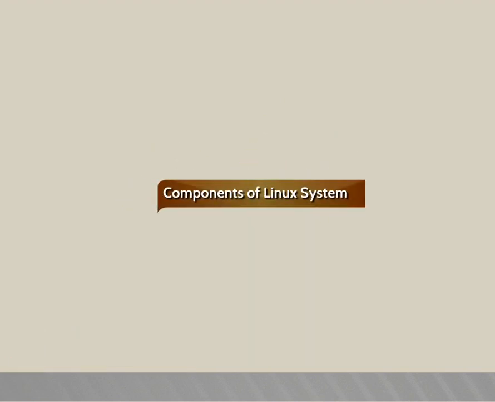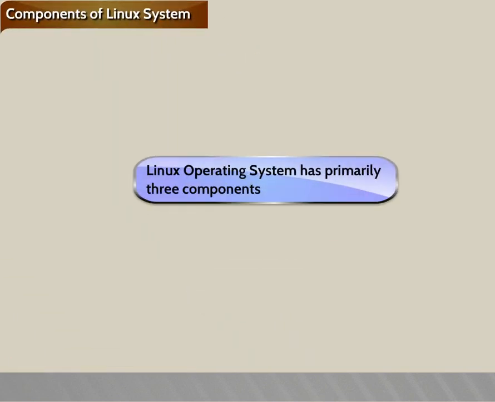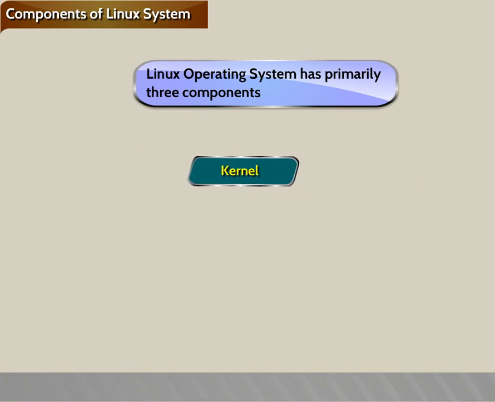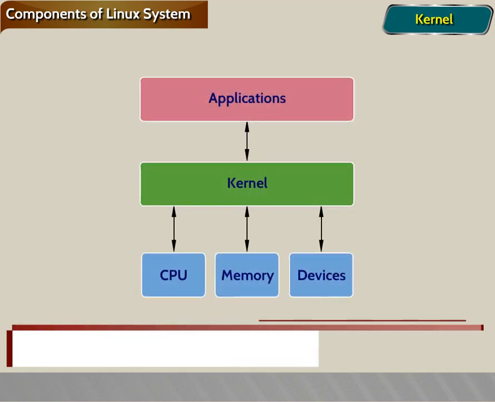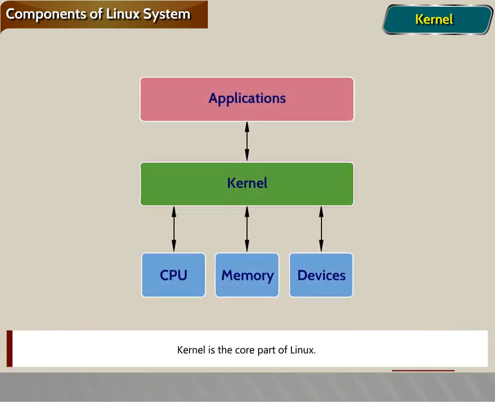Components of Linux system. Linux operating system has primarily 3 components: kernel, system library, system utility. Kernel is a core part of Linux.